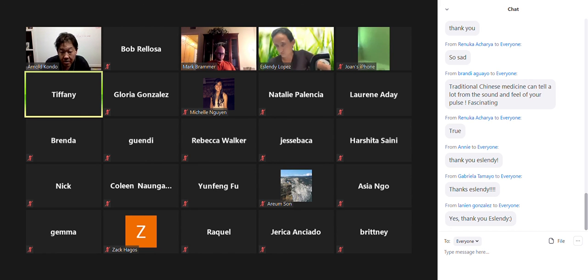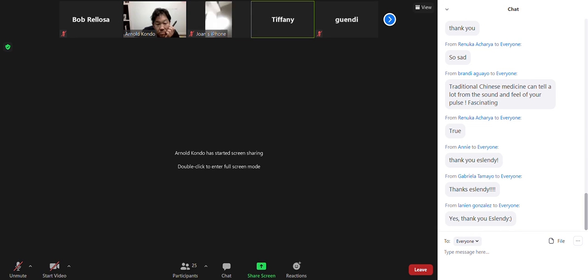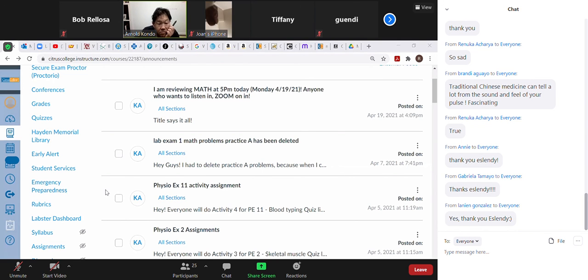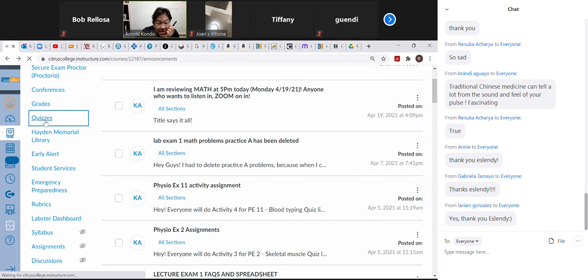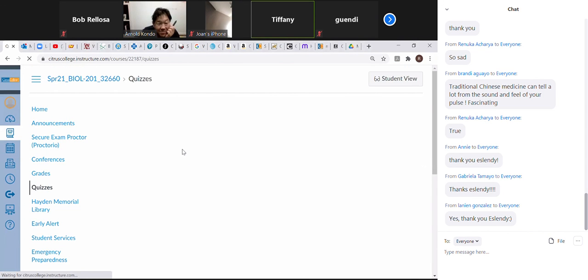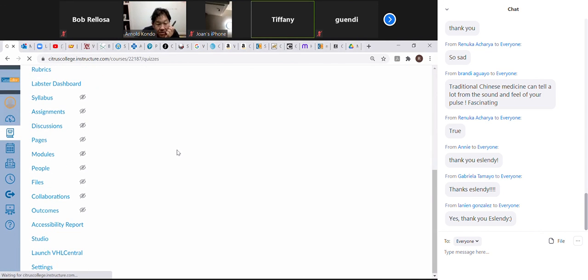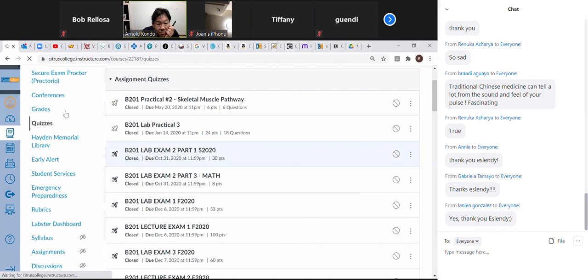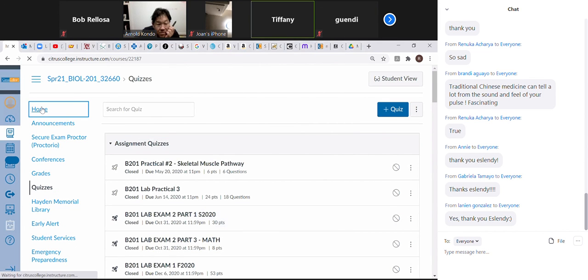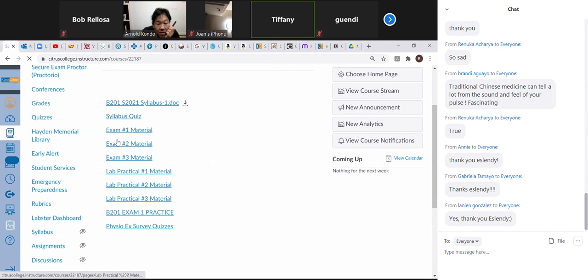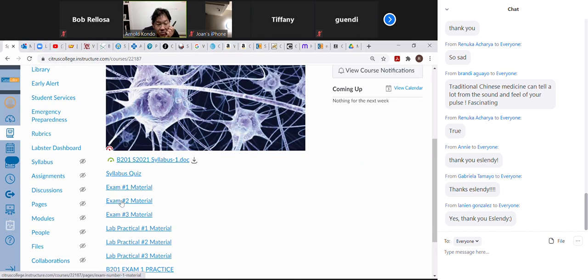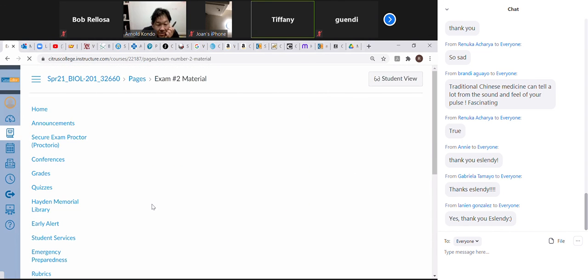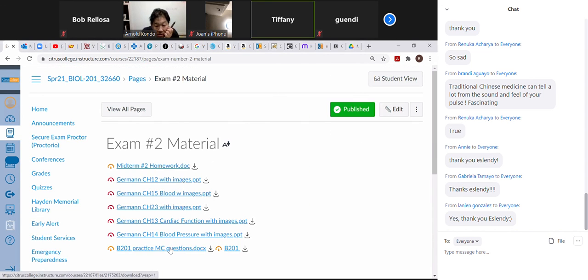I only see 1 and 2, but number 3 says, which of the following statements concerning the blood clotting system is true? It's under the exam number 2 material, the B201 practice MC questions. Oh, okay, so I actually have a practice one there. Yeah, but it seems incomplete because I don't see number 3.